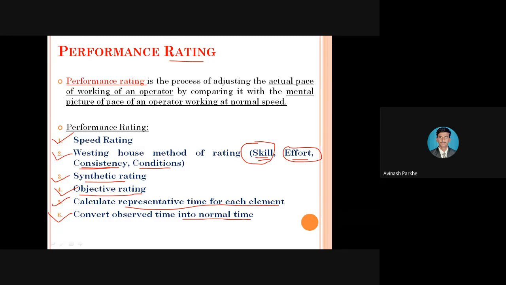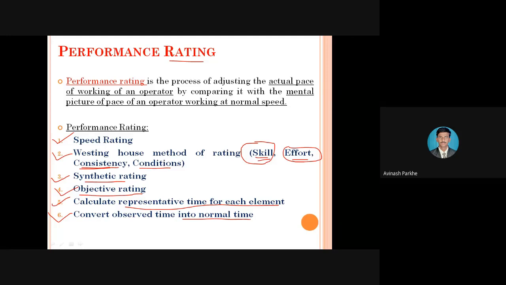This is the constant assigned to all 50 workers. That means normal time is equal to 1 hour. If all 50 workers complete the work in 1 hour, your observed time is equal to normal time.